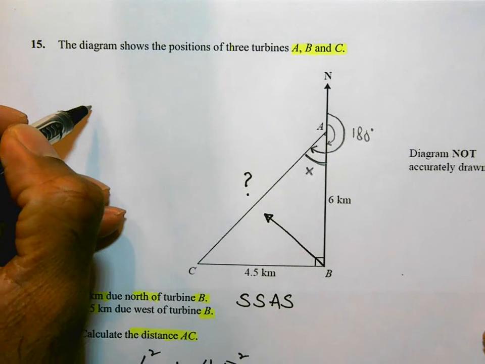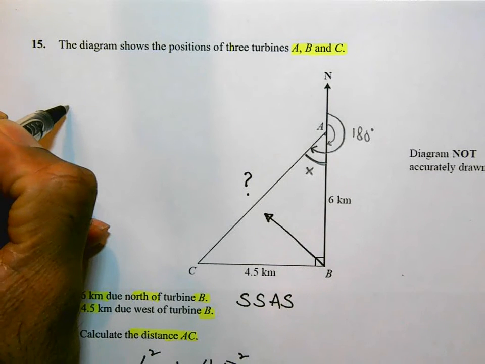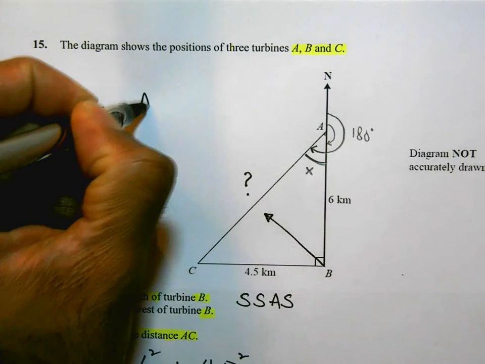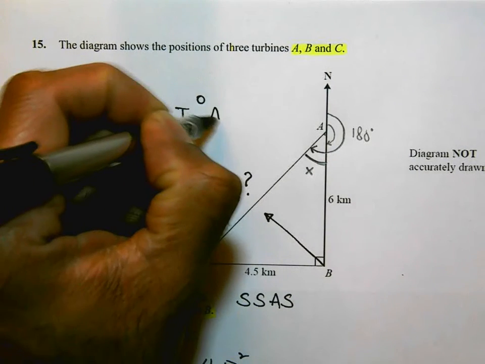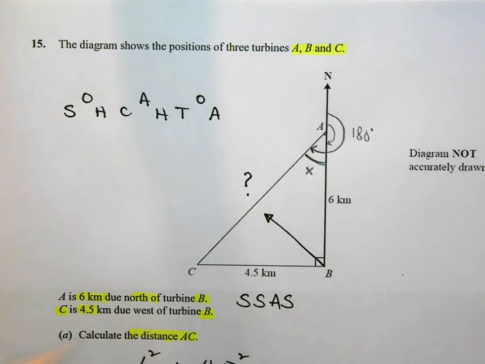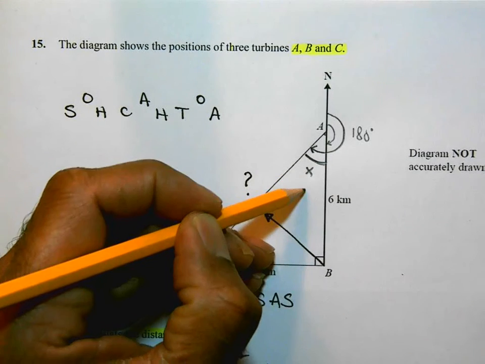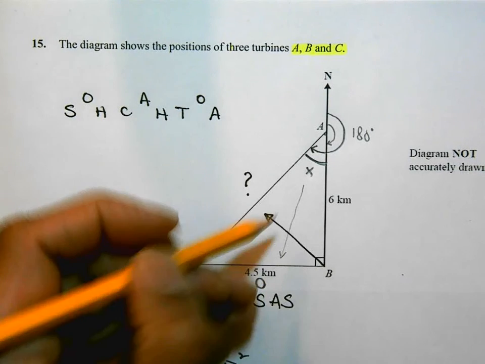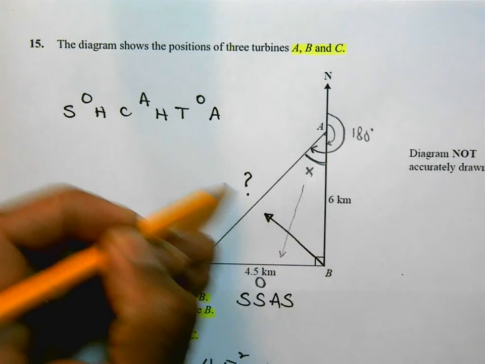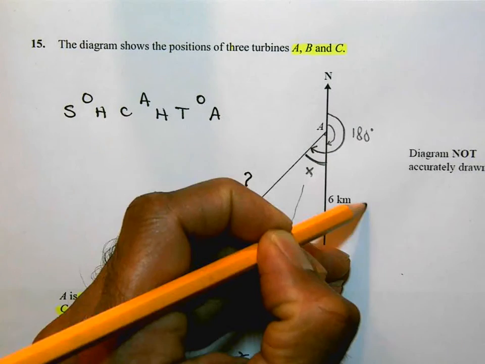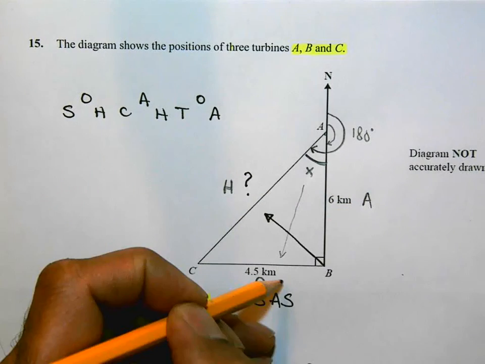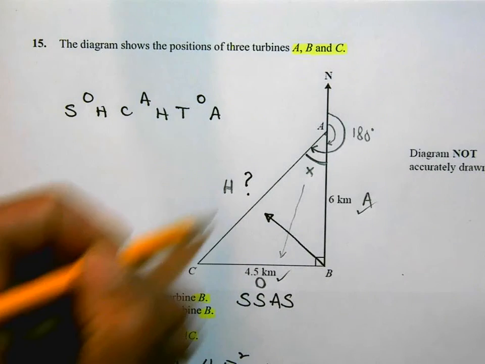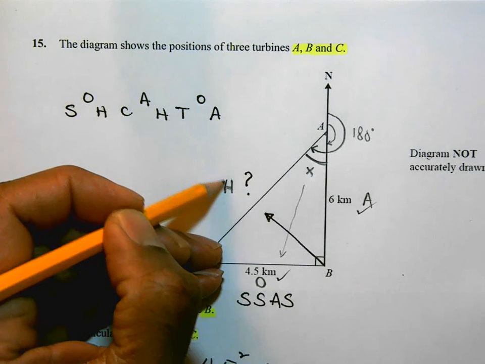I'm going to use trigonometry for this, and if you remember your trigonometry, it means I need to use SOHCAHTOA. Relative to this angle X, directly across from it, 4.5 is opposite. We know this side is the hypotenuse, so 6 must be the adjacent.